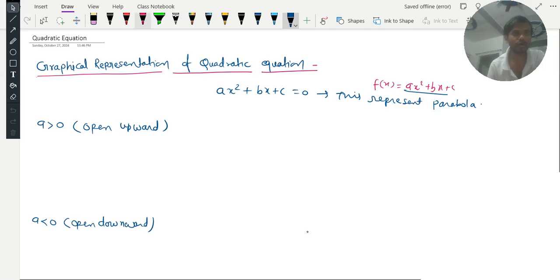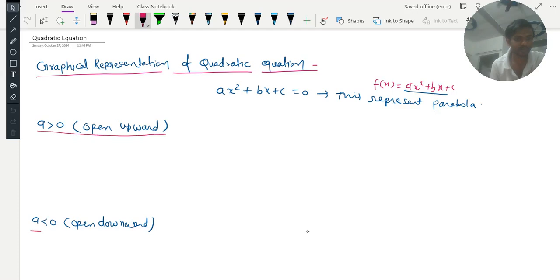Okay, so on the basis of the discriminant, there will be three graphs for open upward and three graphs for open downward.